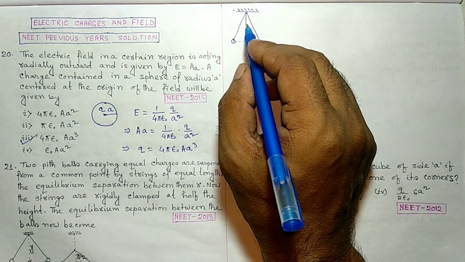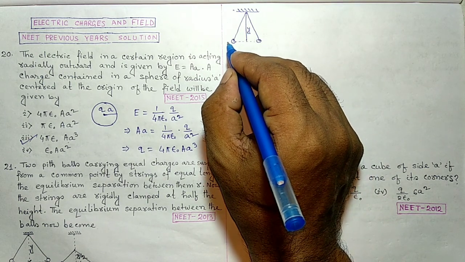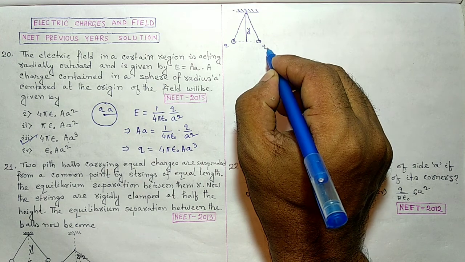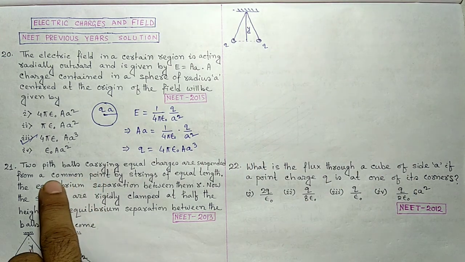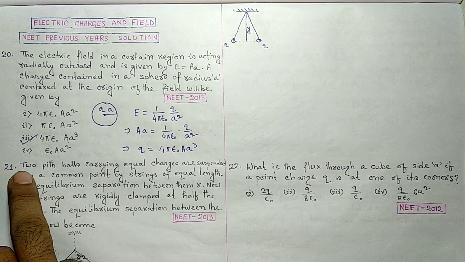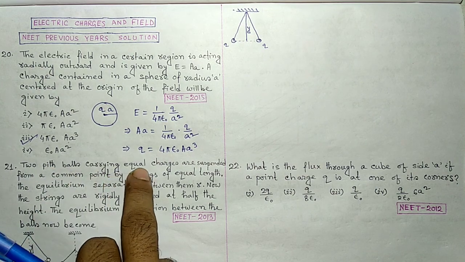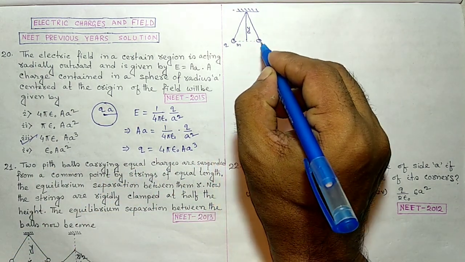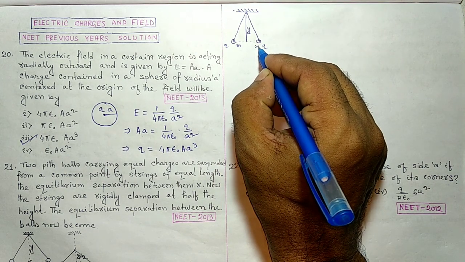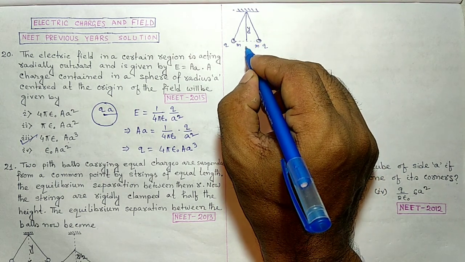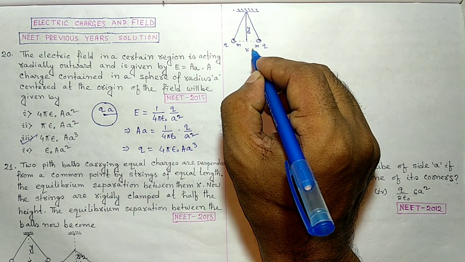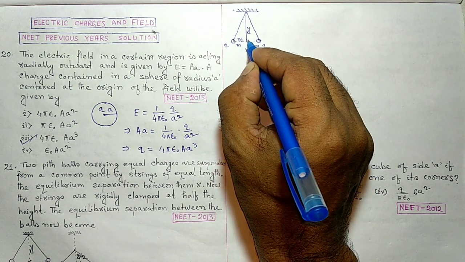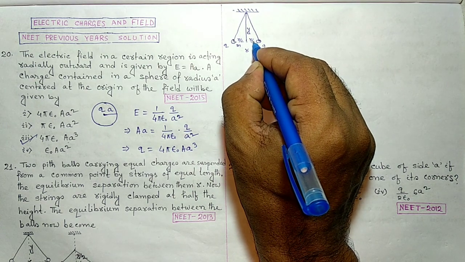Now suppose consider this is charge Q, this is charge Q, because in the question it says that two pith balls carrying equal charges, so Q, Q, and suppose consider mass is M, also it has mass M. Now this distance is r. Now this distance will be r by 2, this distance will be r by 2.